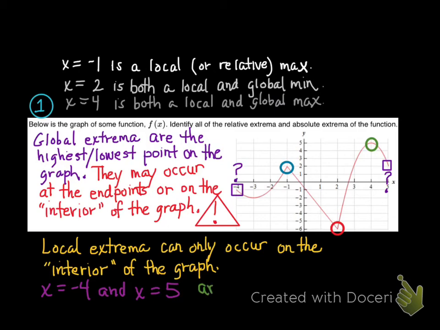So x equals -4 and x equals 5 are not local or global extrema in this particular example. It's good we're considering those for potential global extrema, but never for local. So there's some vocabulary that probably you didn't have in your backpack before we started today.